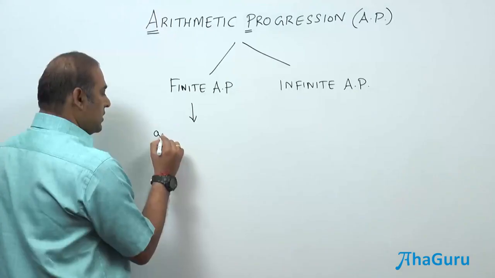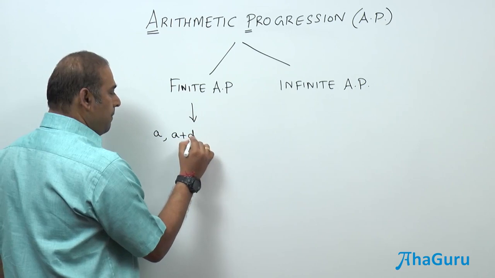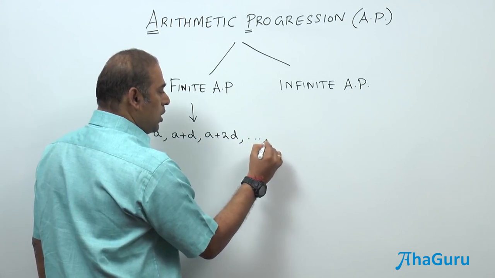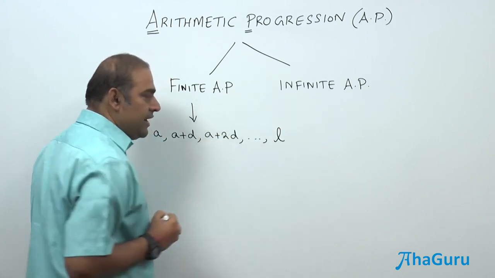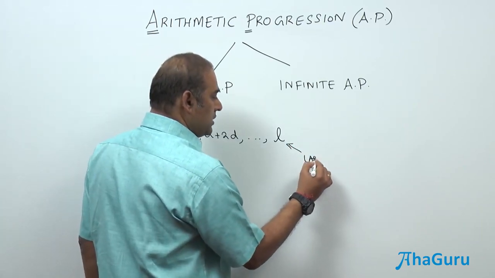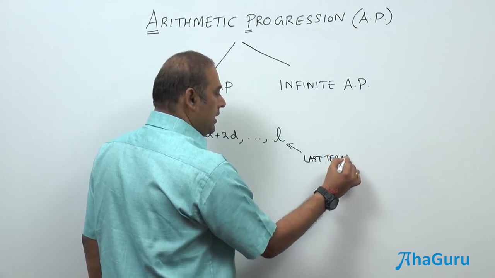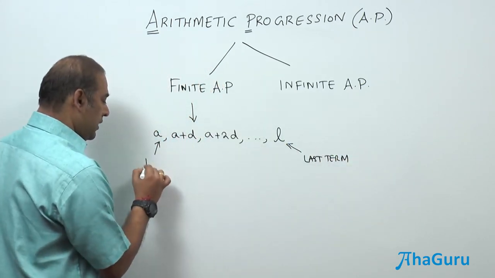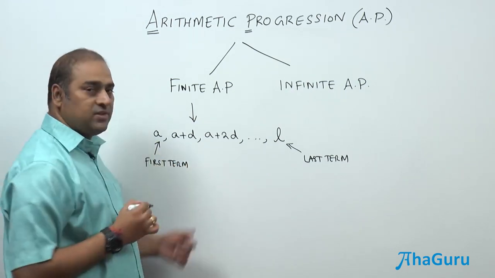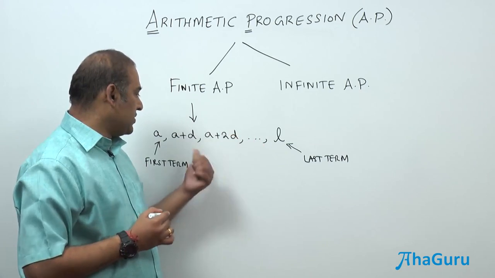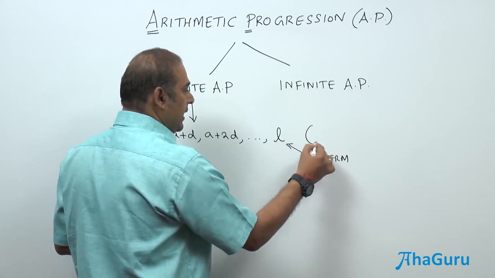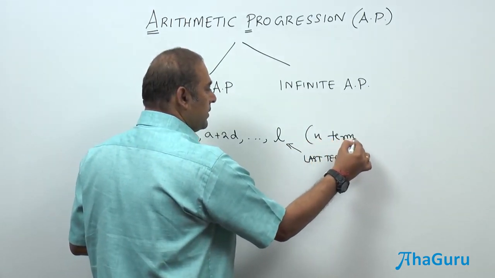Let the first term be A, the second term A plus D, the third term A plus 2D, and so on. Let the last term be defined as L. L stands for the last term, A stands for the first term, and D is the common difference, that is, any next term minus the current term. Let us assume that this AP contains n terms.